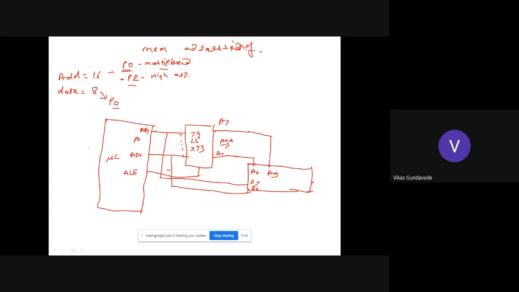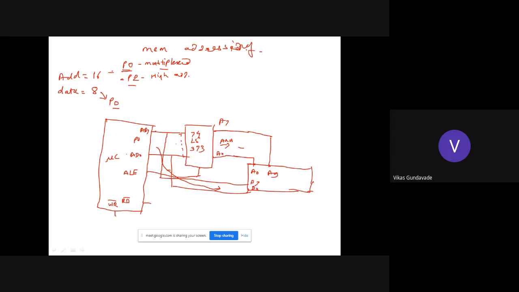Now, when the microcontroller wants to read or write data, the read bar and write bar signals are used; we have already seen these pins in the pin configuration. When the read bar signal goes low, the microcontroller is ready to read the data from memory, and that data is directly accessed by the microcontroller through this channel. If the microcontroller wants to write data, after the latch is enabled and the address is latched, these lines are free for the next data.